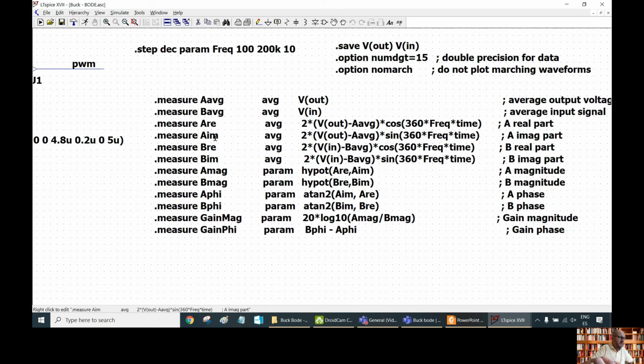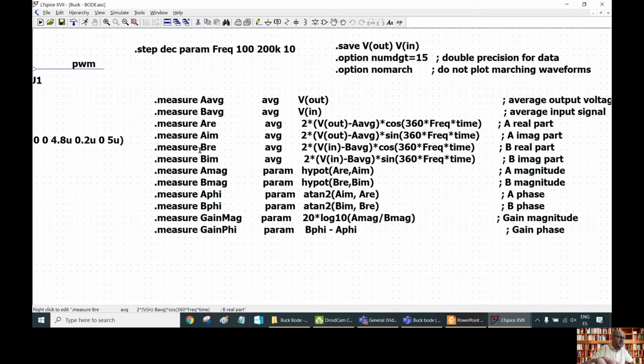Then the real part and the imaginary part of the output harmonic are calculated like this. We obtain only the AC component at the output by doing this difference, V out minus the average, and then multiply by the cosine function, and then do the average expression in order to obtain the real part of the harmonic. Same with the imaginary part of the harmonic at the output.